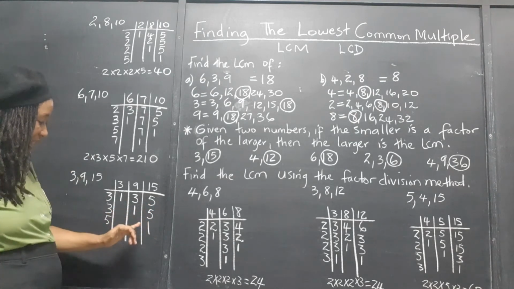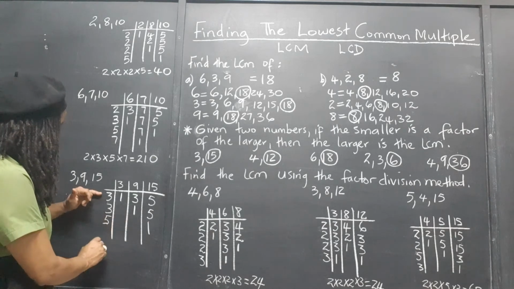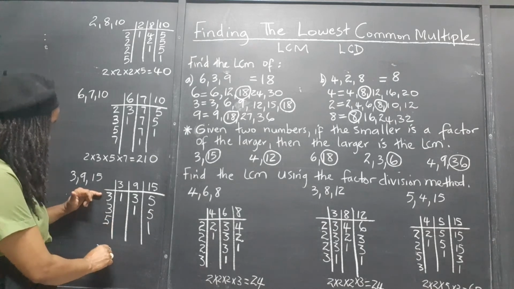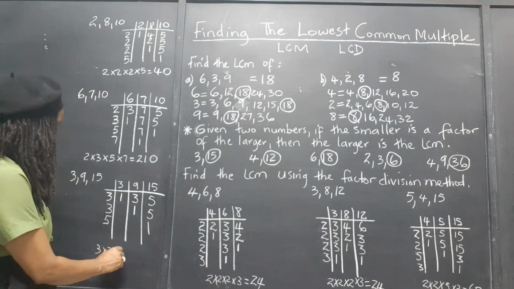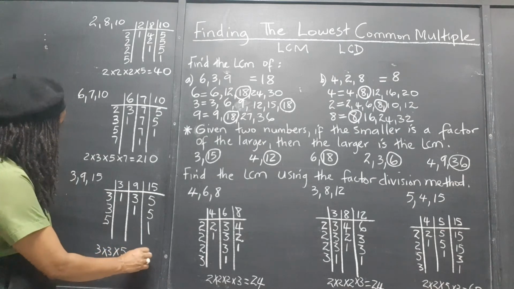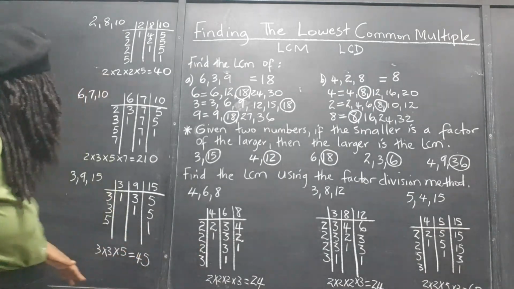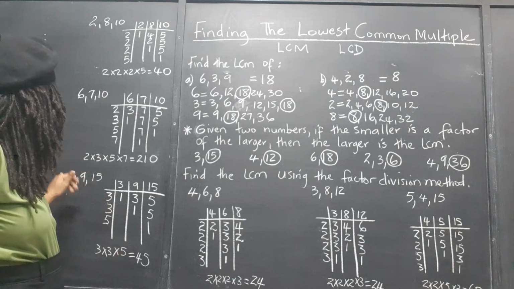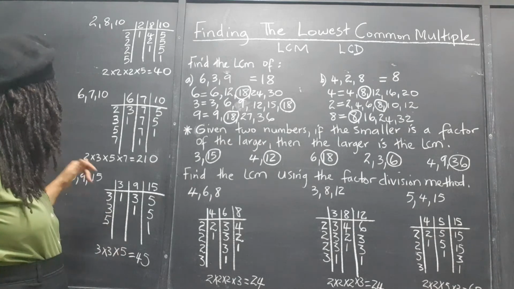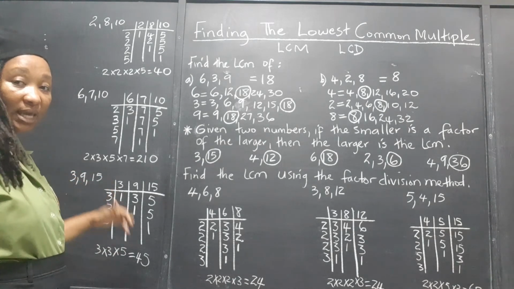So we have 1s in each column. 3 times 3, that's 9. And 9 times 5 would be 45. So 45 is the smallest number that 3, 9, and 15 can divide into.